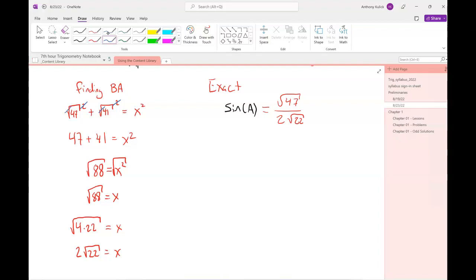Ooh, close. Very close. We're just going to multiply the top and bottom by the radical that's in the denominator. Why is that going to fix our problem?